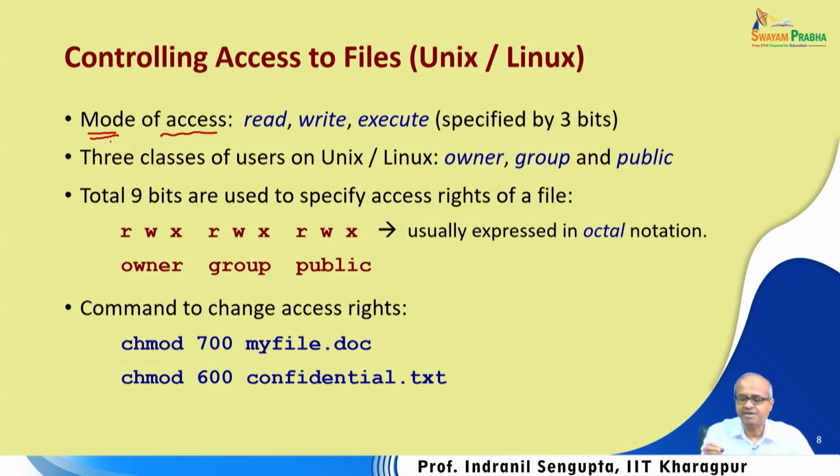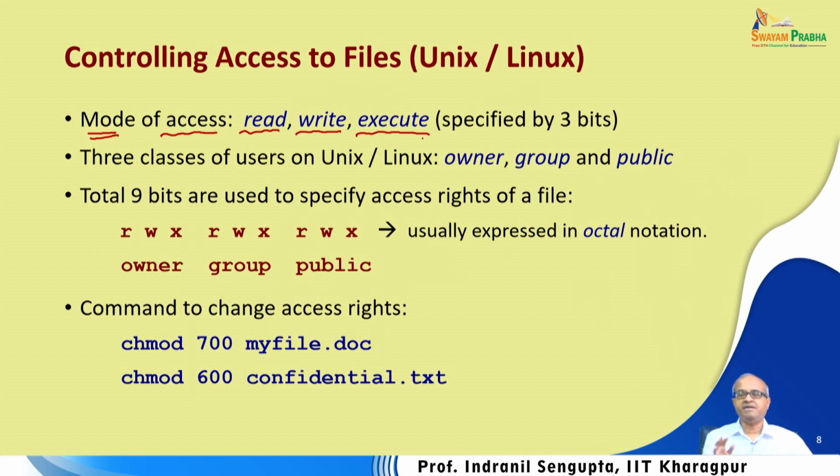Mode can be one of 3: read, write or execute. Suppose you have created a text file, it can be only read or write, it cannot be executed. So, you give the access right for reading and writing.